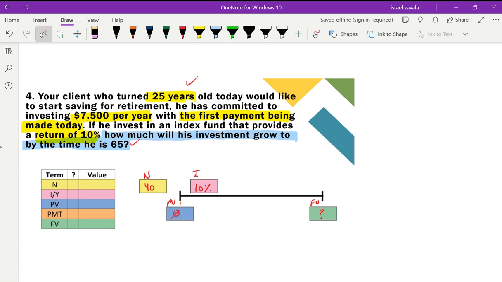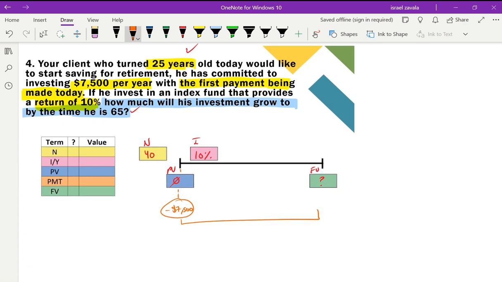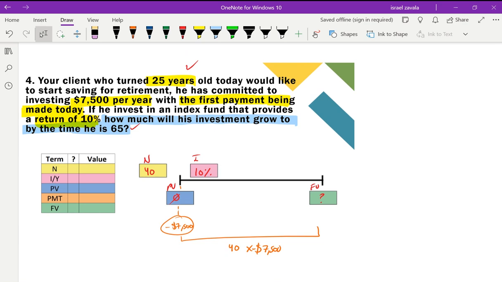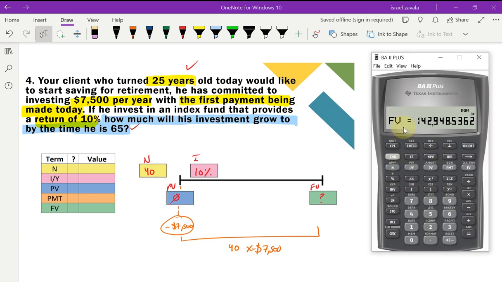So let's put our negative 7,500, and there's going to be effectively 40 of these, right? 40 times 7,500. So what is this amount going to grow to? I'm not going to fill out the chart on the left. I think you guys understand at this point.